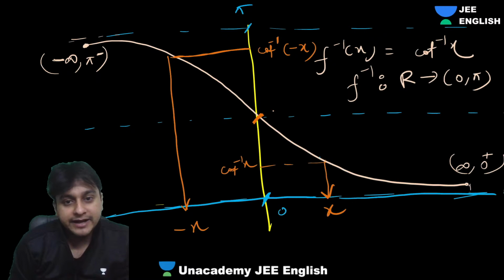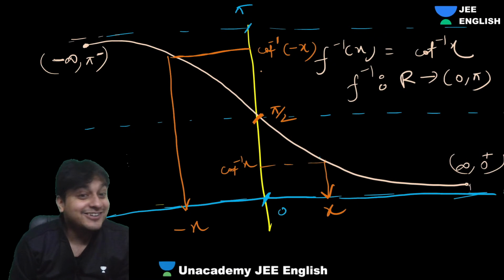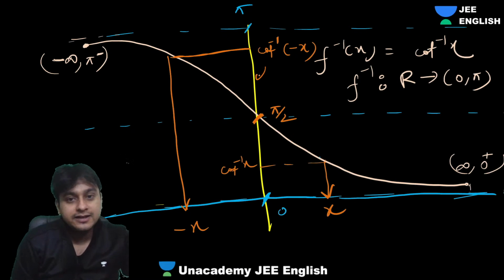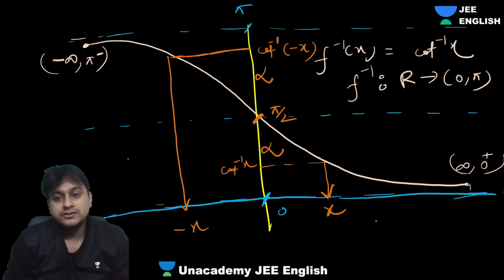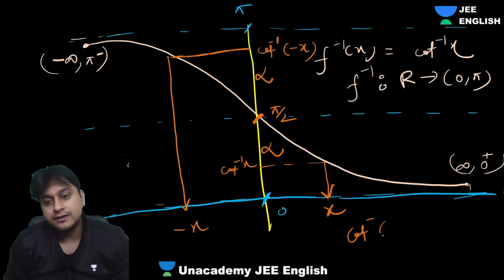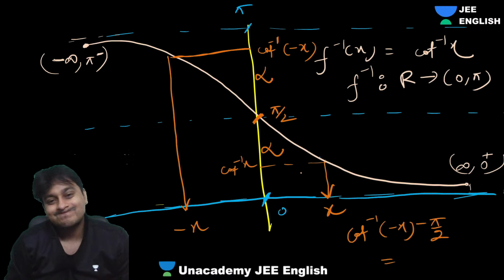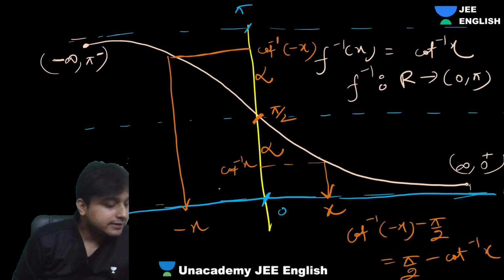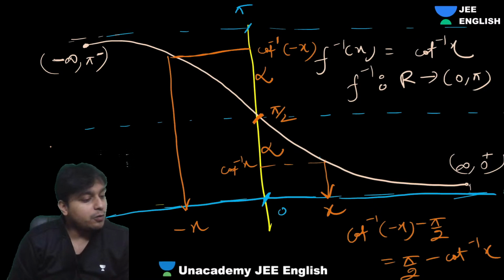Okay, this is pi by 2. So just like the cos one, same as the cos one, right? Alpha, this also will be alpha. So we will say that cot inverse minus x minus pi by 2 will be same as, come on, pi by 2 minus cot inverse x, right? Yes. So what will we get from here?